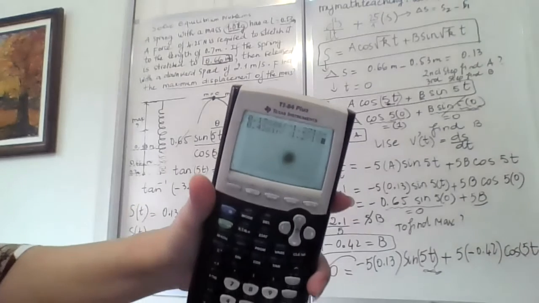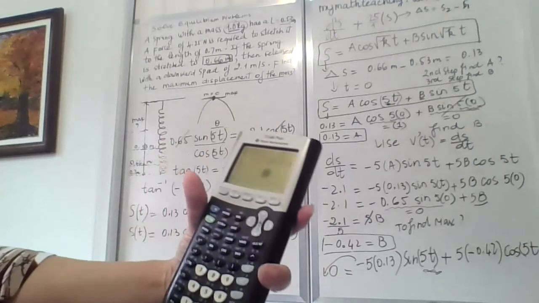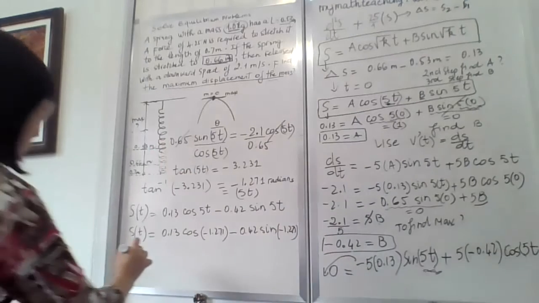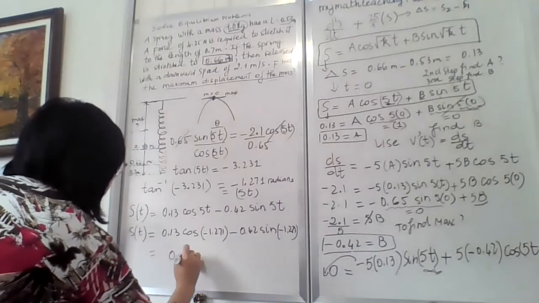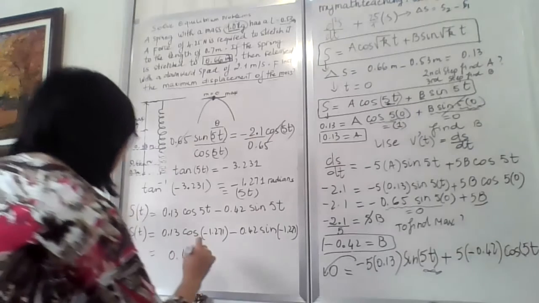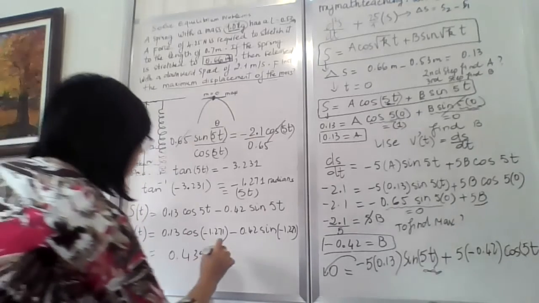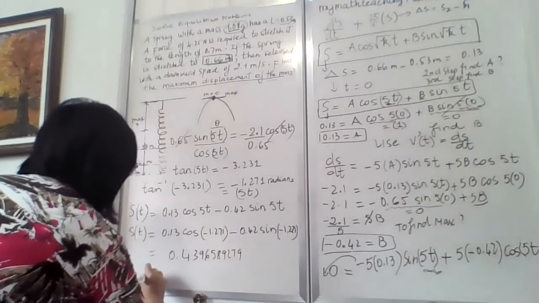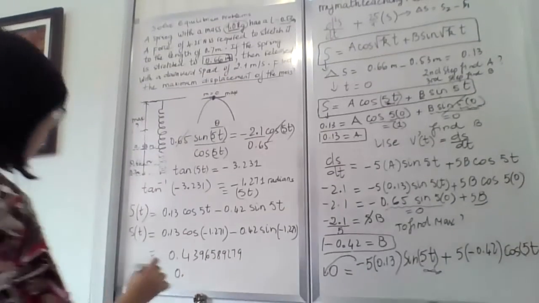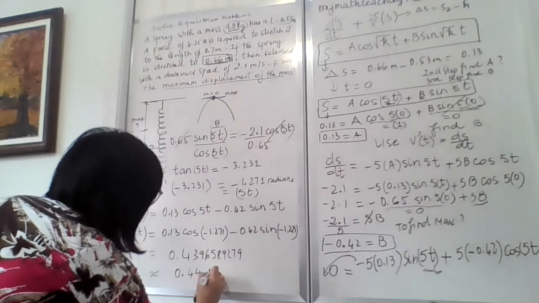Okay, so this is how I key in exactly whatever we have on the board. Let's hit enter and find out. So the answer is 0.439. Now this number can be rounded up to become 0.44 meter.